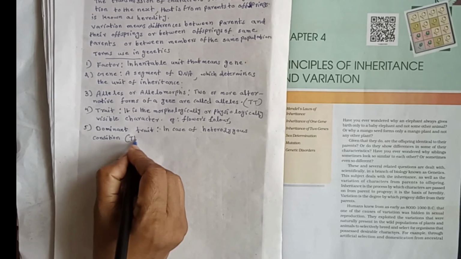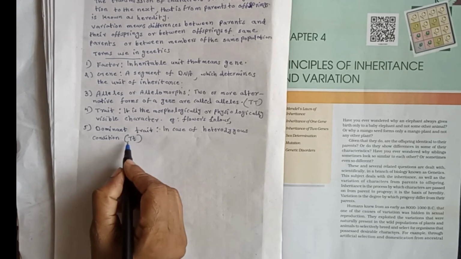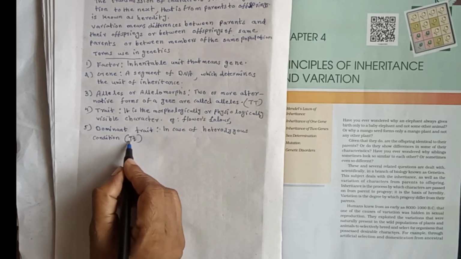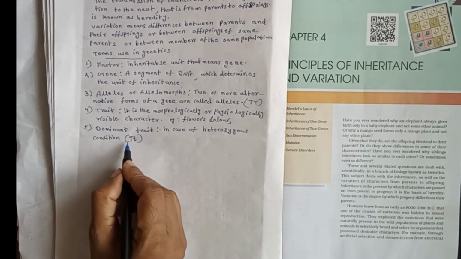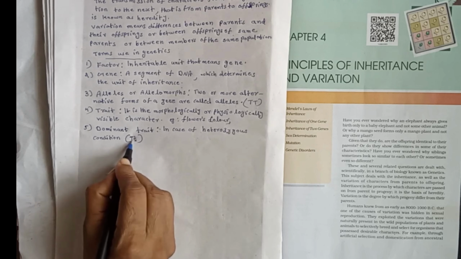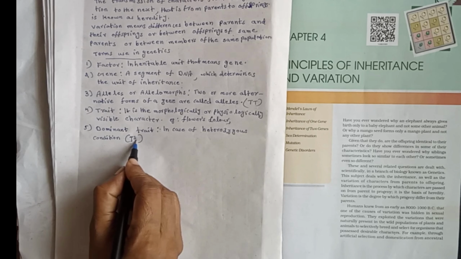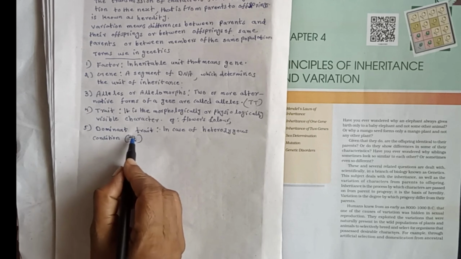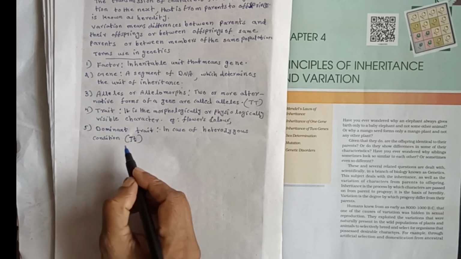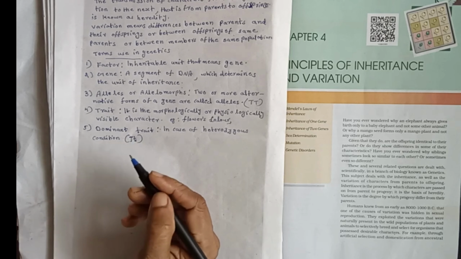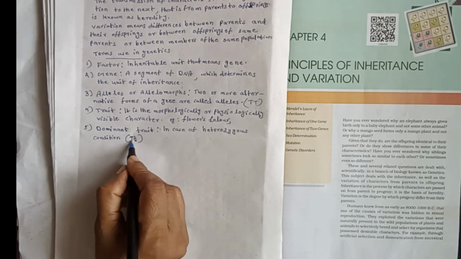Example, this denotes the heterozygous condition of the height of the plant, tallness of the plant. Here one dominant and one recessive gene represent the height of the plant. But the morphology of the plant is tall; the outward feature is tallness.